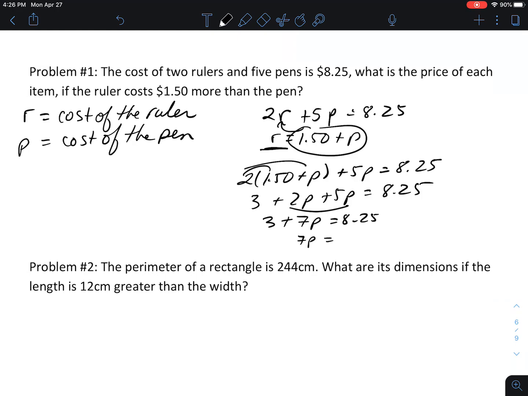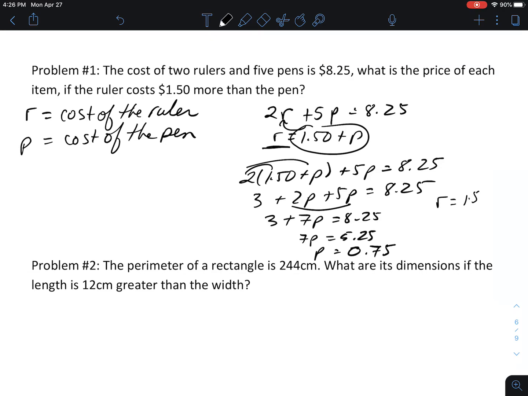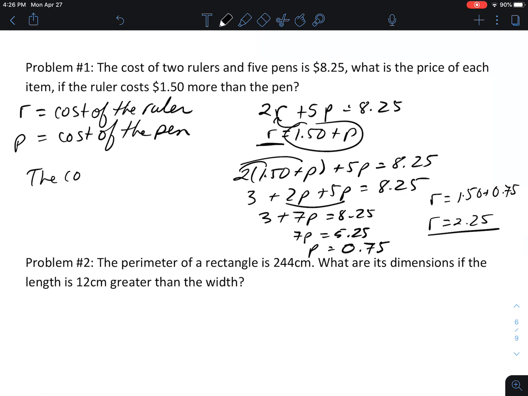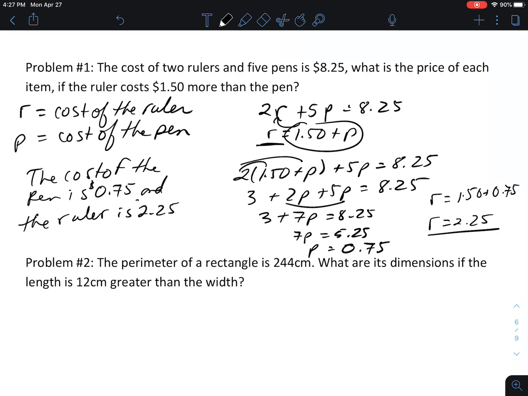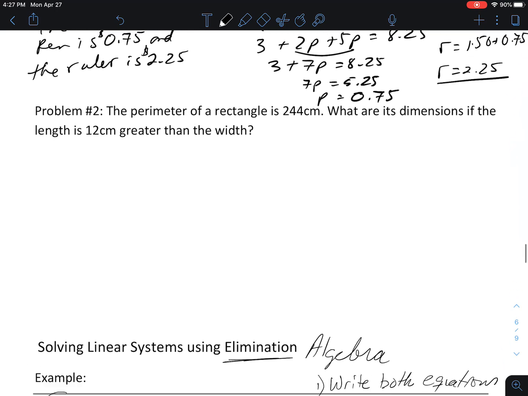I'm going to multiply through here, and then collect my like terms. So the pen is 75 cents and the ruler is $1.50 plus the pen. So the ruler is $2.25. Then I can say the cost of the pen and the ruler.